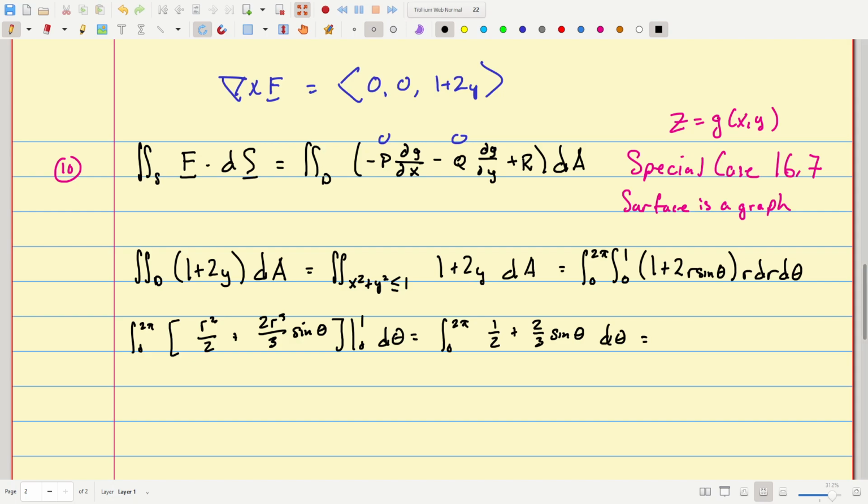We can integrate this. We're going to end up with theta over 2 minus 2/3 cosine theta. And then we take a look at what's going on here.